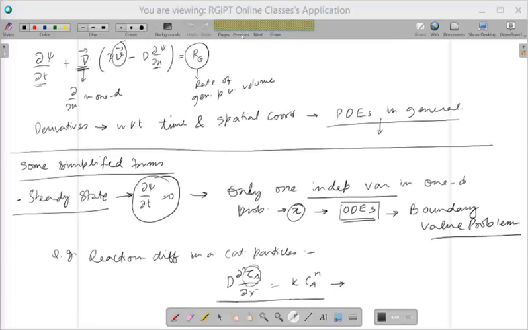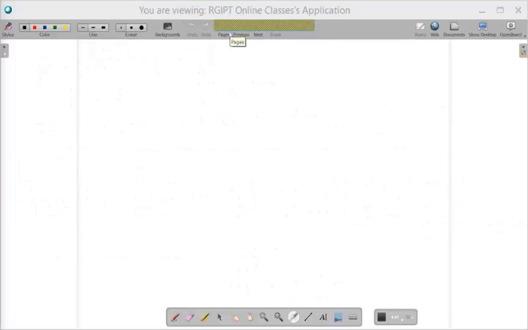So the simplest situation would be when everything is zero. What are the important phenomena here? Let me just rewrite this.